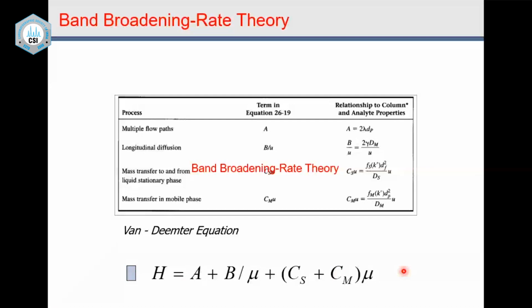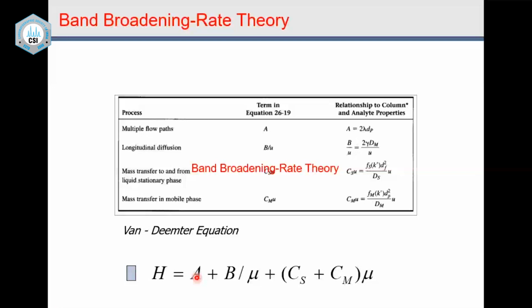Now A is what is called the multiple flow path, and that has to be understood properly, because every column is packed with particles, and depending on the particle size, the variation in the particles and the way it is packed, the sample will pass through the gaps between the particles.